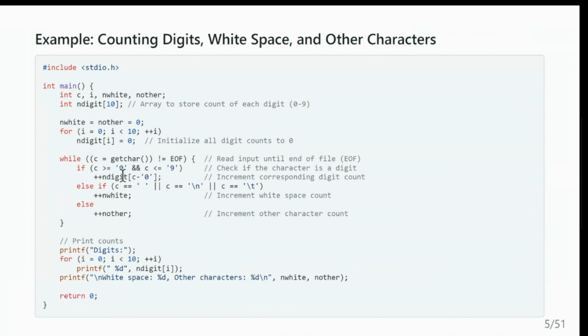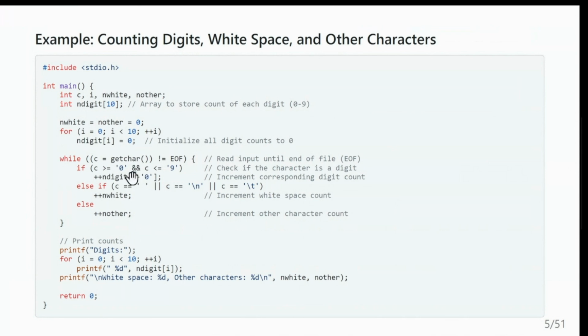So let's say if I got the number 0 in my c here, character 0 minus character 0 gives me the number 0. That's the first index in my array, which I'm using to count how many zeros I have encountered.